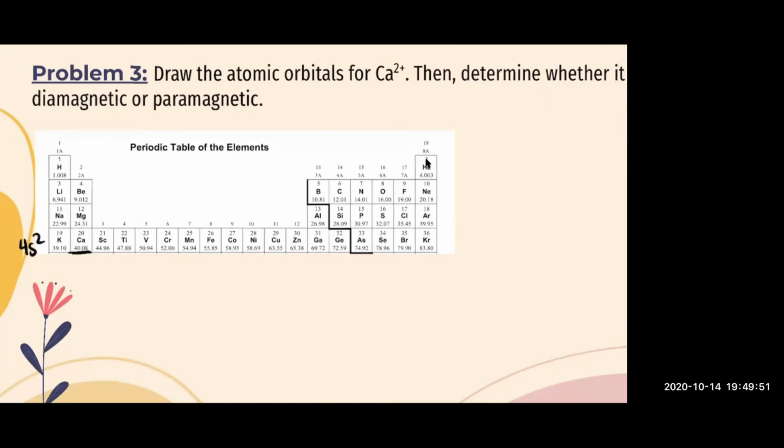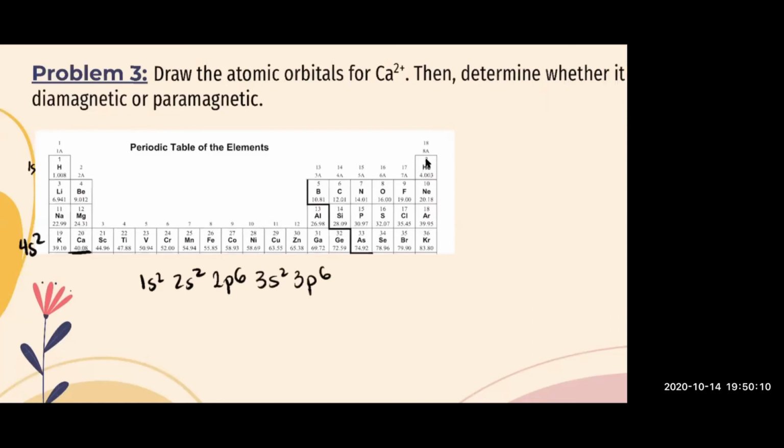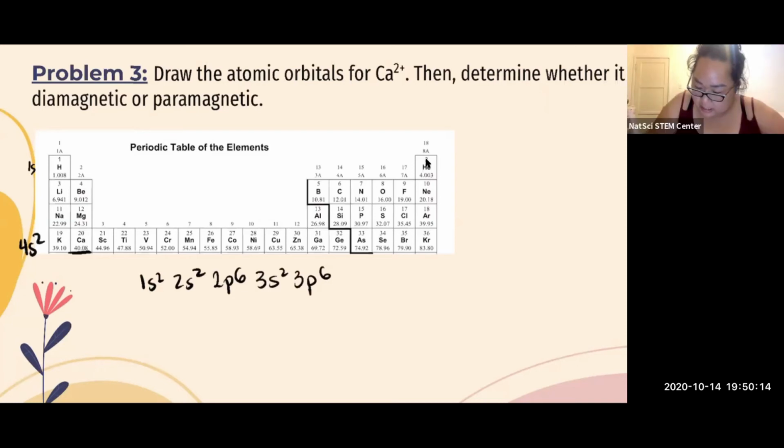1s2, 2s2, 2p6, 3s2, and 3p6. Yep. So Ca2+ is basically the same electron configuration as argon.